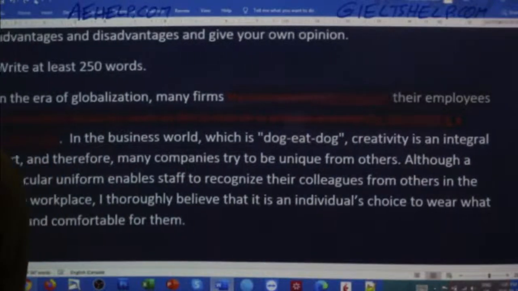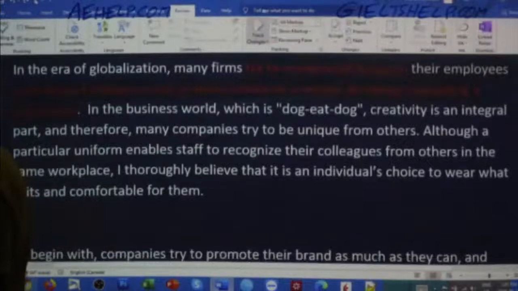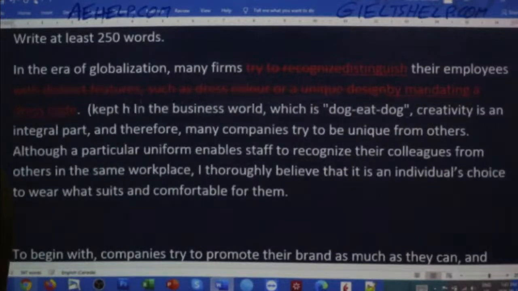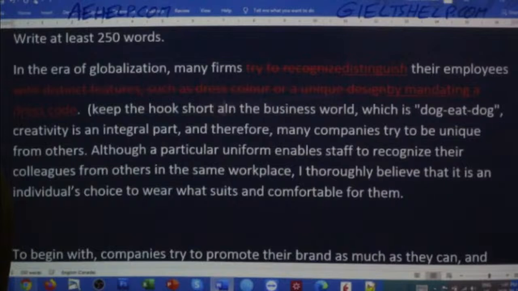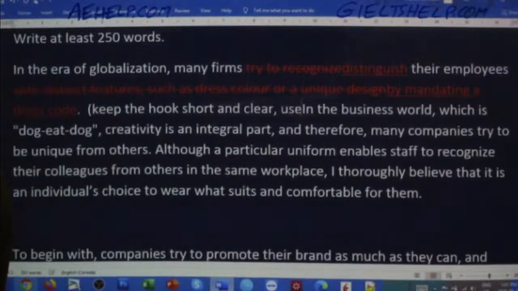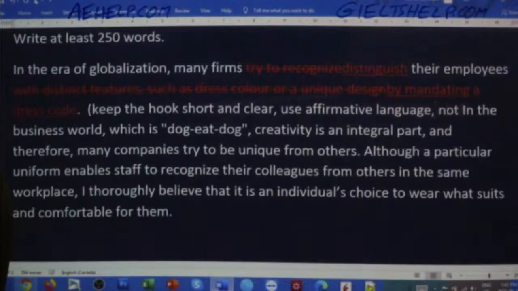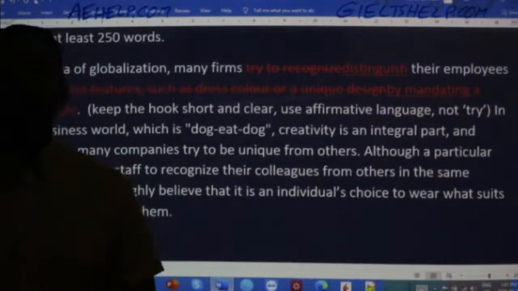And so let's do a little bit of just in-text editing, okay? So again, keep the hook short and clear. Use affirmative language, not try. So just so we can keep this in the class, okay? All right, so that would be my first correction, okay?